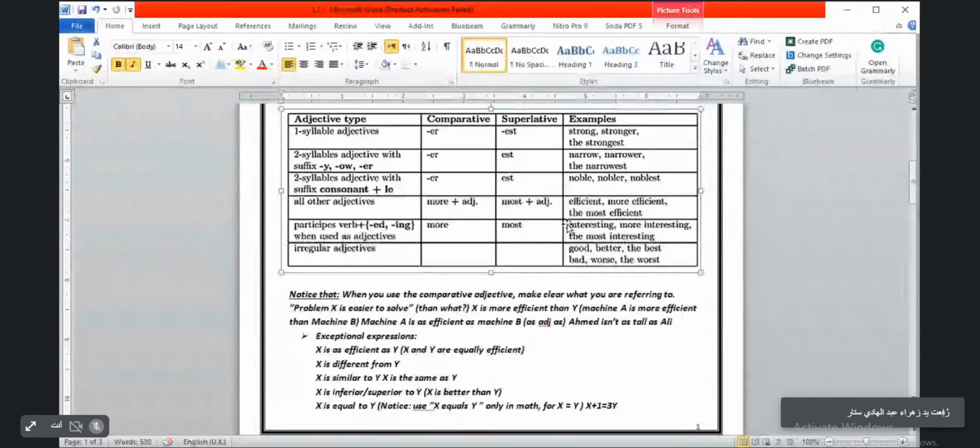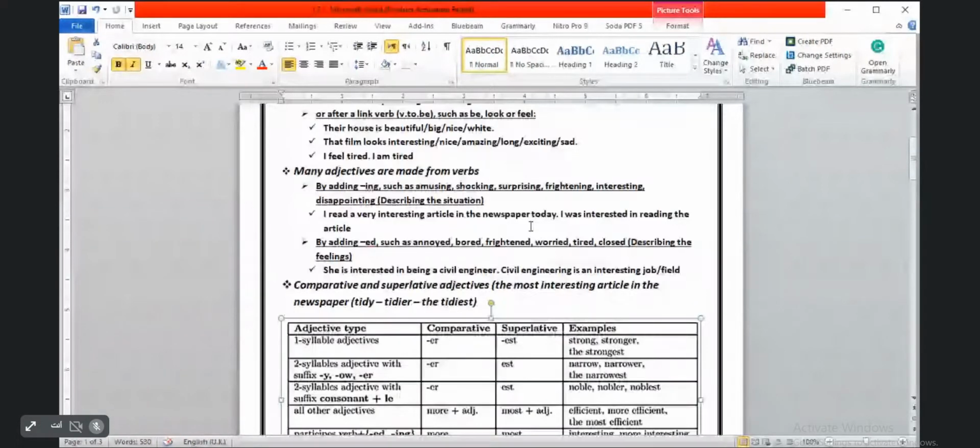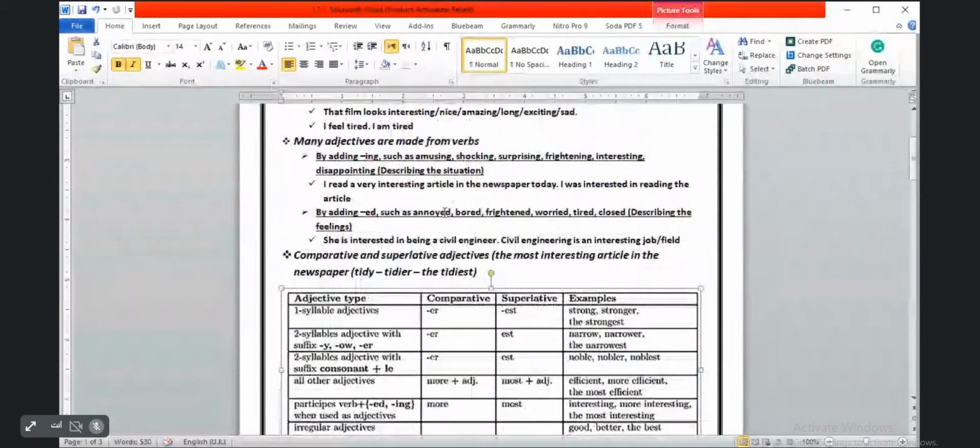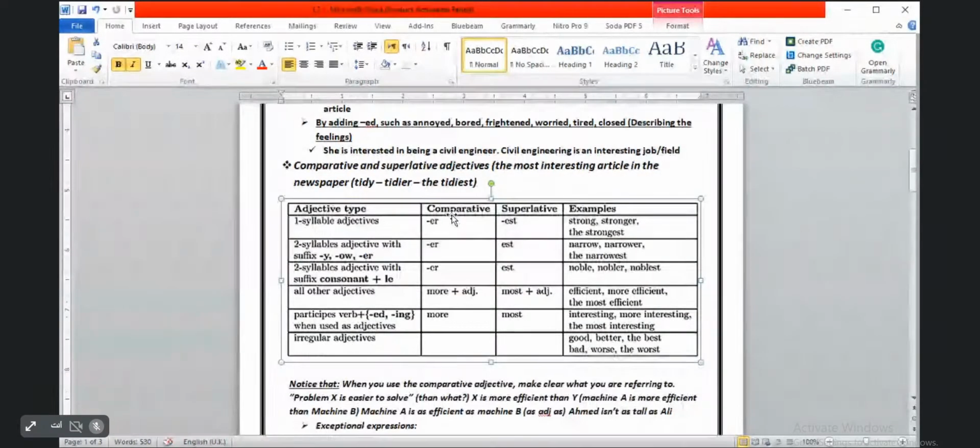Also, if you have ed or ing adjectives, you also use more and most. We don't say interesting and add er, or interested and add er. No, we use more or most.